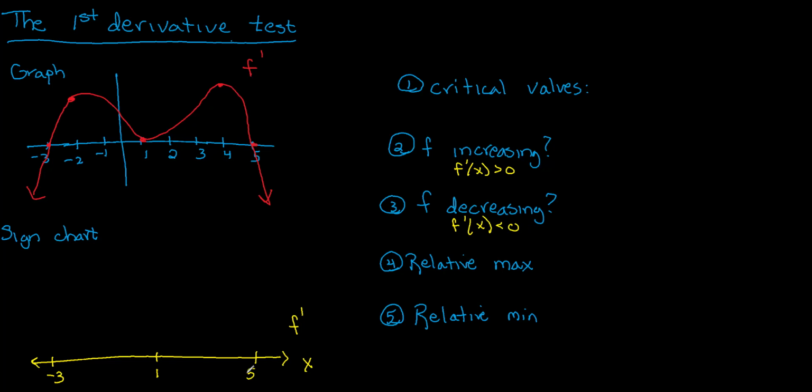I won't cover that in this video, but that would be an extra challenge if you're up for it. Anyways, we've got 3 critical values because our first derivative is 0. It's crossing the x-axis at those 3 spots, -3, 1, and 5. So we've got critical values at -3, 1, and 5.